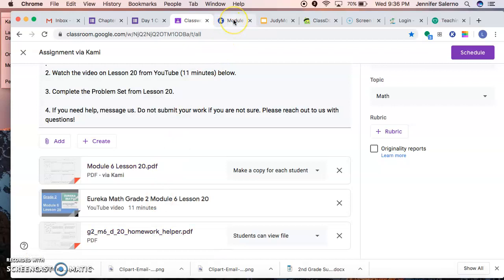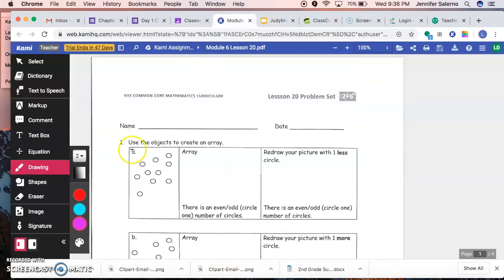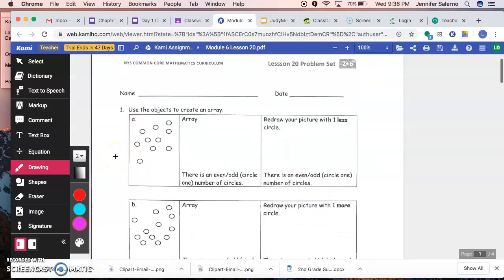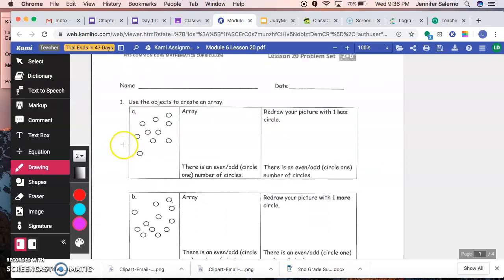So let's look at what we are doing for our last lesson in Module 6. The very first part is they're showing you all of these shapes, right? And if I asked you, is this an array right now? I'm going to pray that you would be saying no. And if you did, thank you. This is not an array.